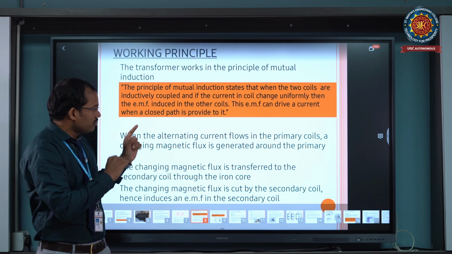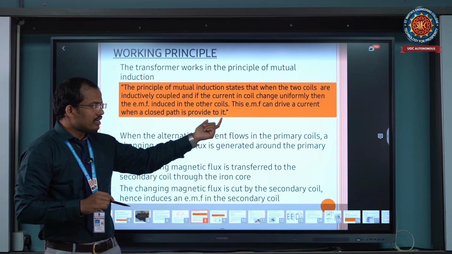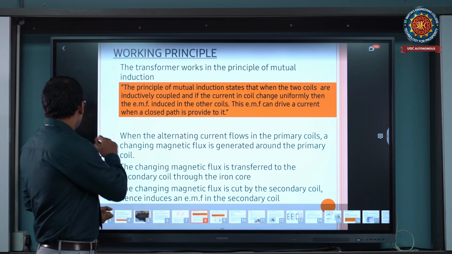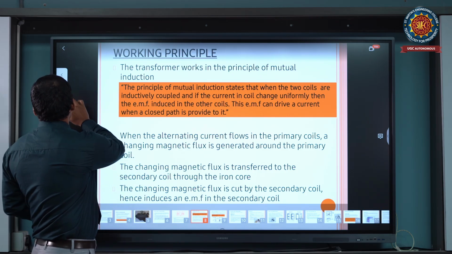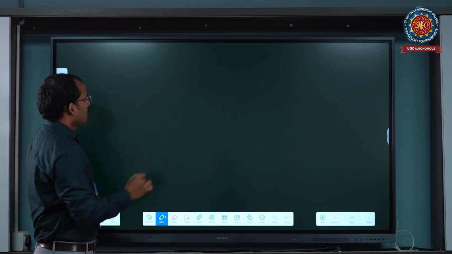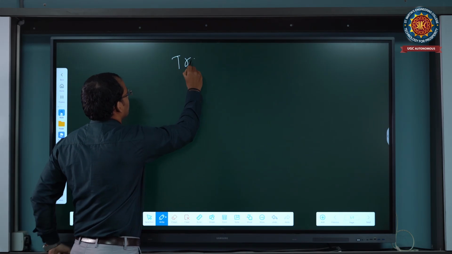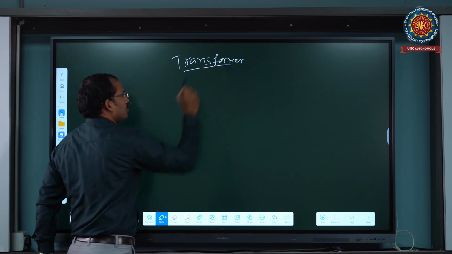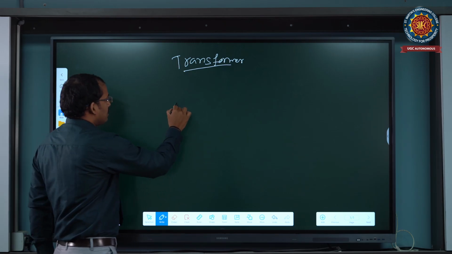Whenever we give the supply on the primary side, it automatically interlinks with the secondary side of the transformer. See the basic diagram of the transformer.